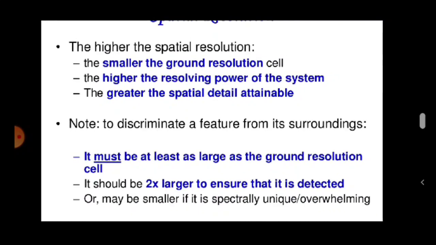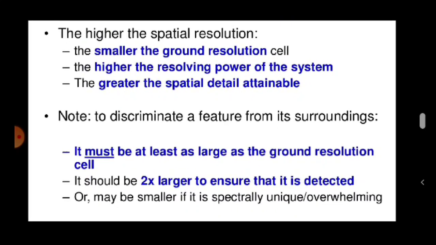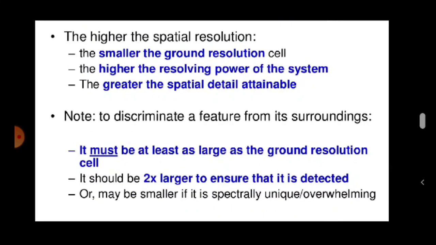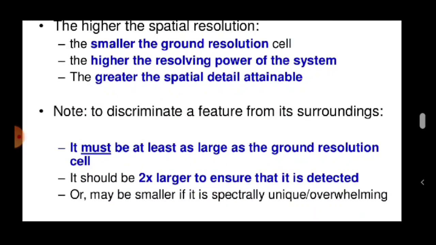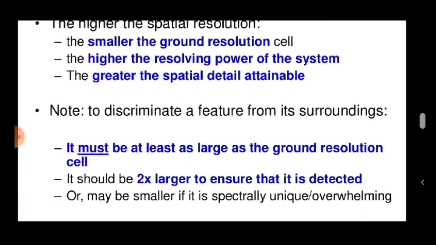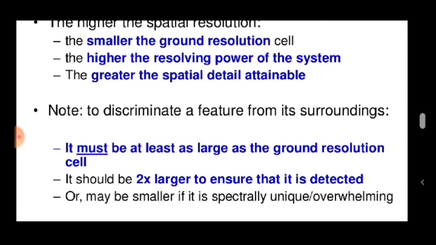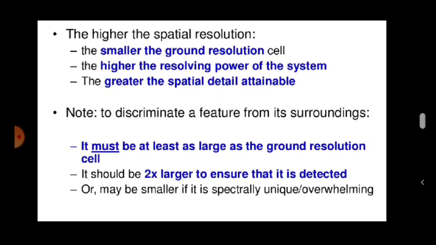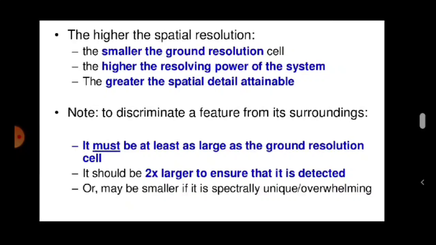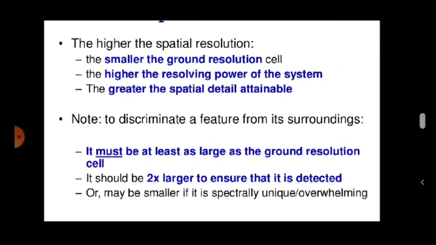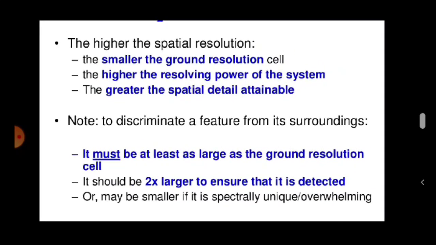To discriminate a feature from its surroundings, it should be at least as large as the ground resolution cell. Then we can be sure that it can be detected at a certain resolution.